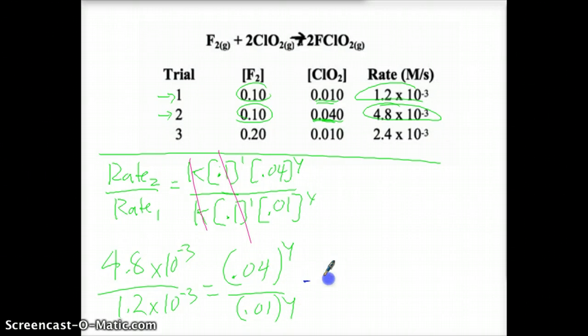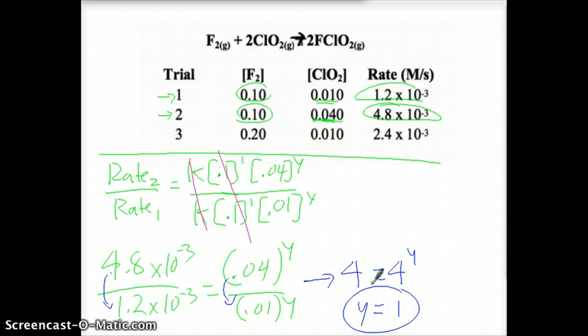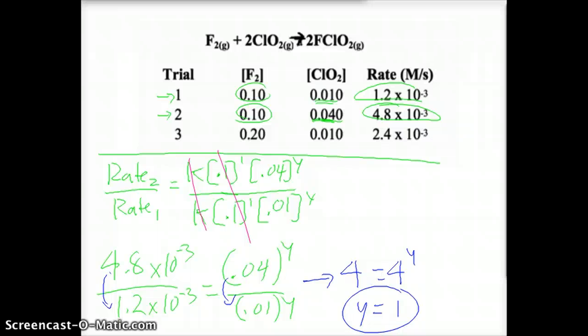So again, if I simplified this, I would be left with 4.8 divided by 1.2 is 4, equal to 4 to the y. So y, therefore, must equal 1. So we've solved this. We now have seen that this reaction is first order with respect to x and with respect to y. The problem is I'm not quite done, believe it or not.